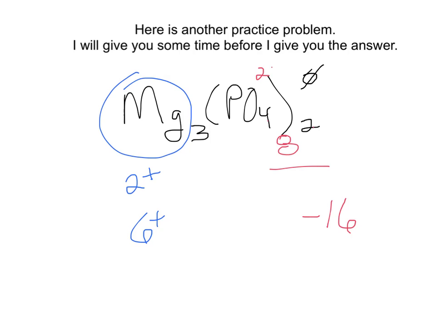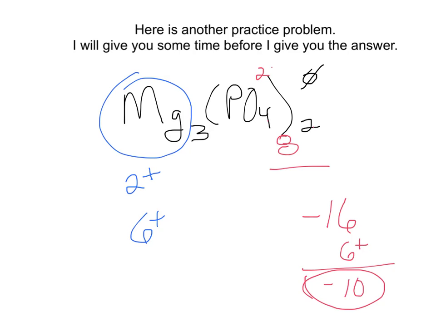Once again, I have to come up to 0, so I know that if I have a 6+ on my magnesiums and a -16 on my oxygens, I have to come up with a number of 10 to balance out this -10 down here. So I'm going to have to come up with a +10 over here.